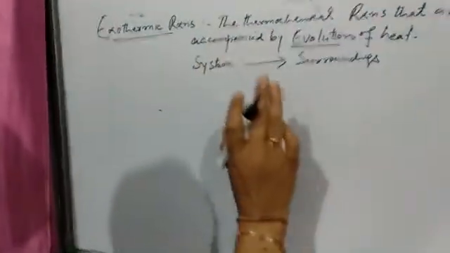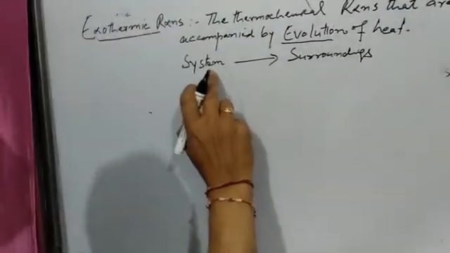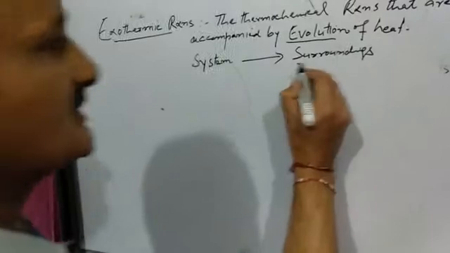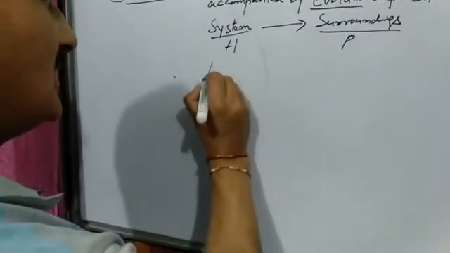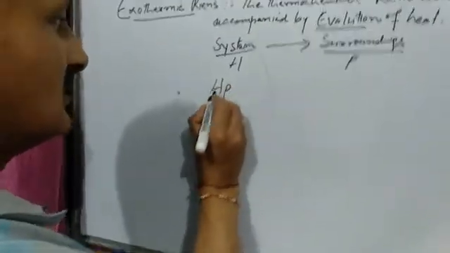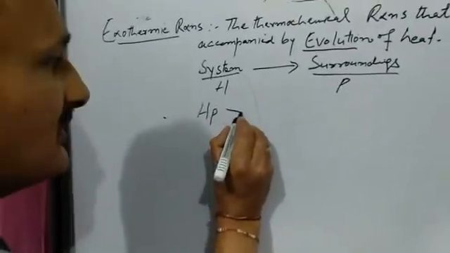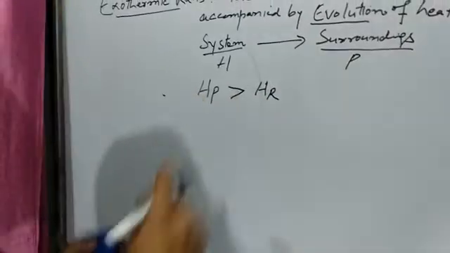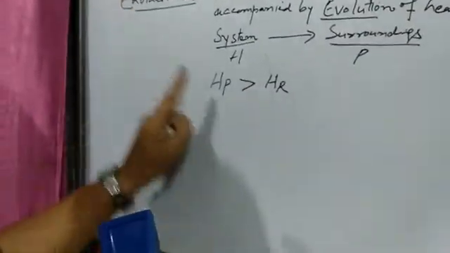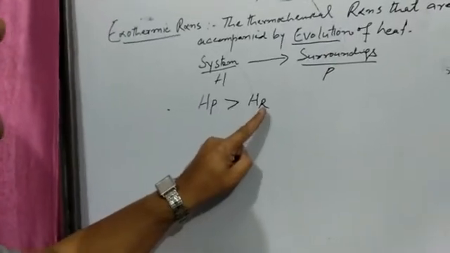In these reactions, heat of the product, also meaning enthalpy, the enthalpy of products is always greater than enthalpy of reactants. Please remember, in exothermic reactions, enthalpy of products is greater than that of reactants.